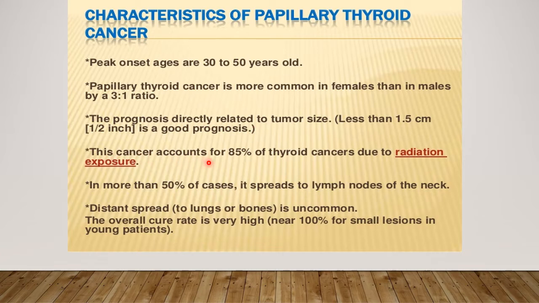This cancer accounts for about 85% of thyroid cancers, and it is directly related to exposure to radiation. In more than 50% of the cases, it spreads to lymph nodes of the neck. Distant metastasis to the lungs and bones is uncommon. The tumor is considered slow growing, and the overall cure rate is very high, nearly 100% for small lesions in young patients.